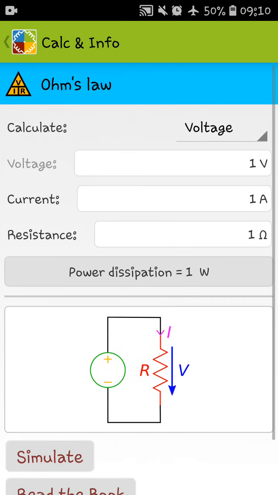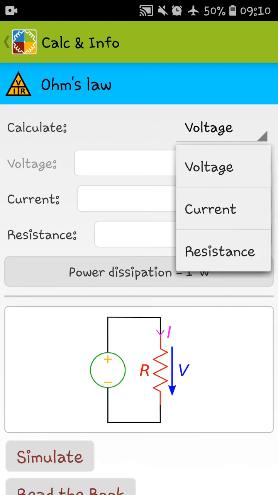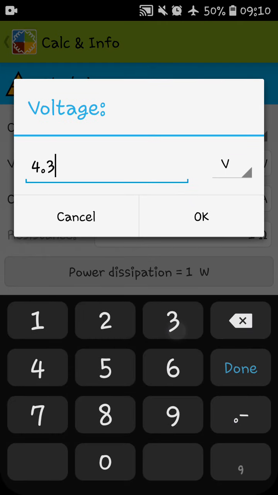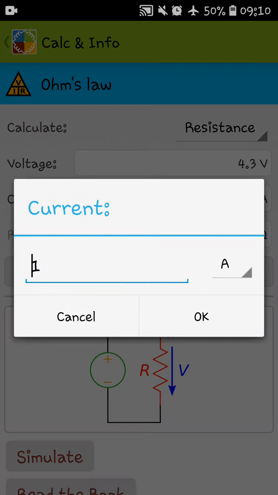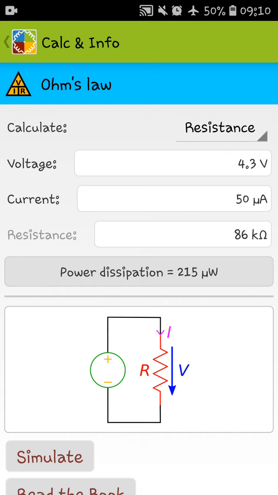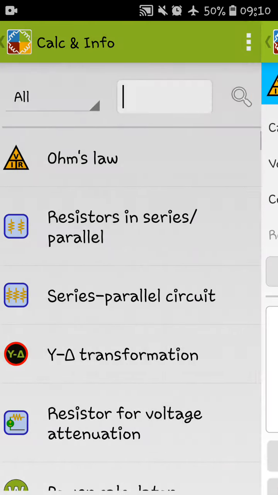So we have to calculate the resistance. The voltage is 4.3 volt and the current is 50 microampere. So you can see the resistance is 86 kilo ohm.